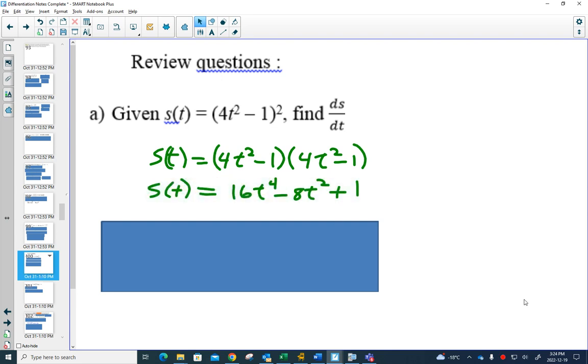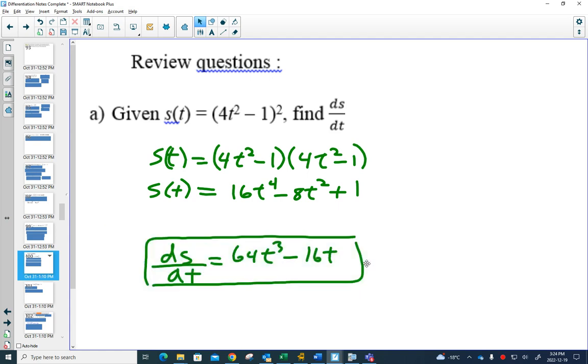If you happen to use your favorite new verb, multiply it out, FOIL it, and then your derivative is just your basic power rule.